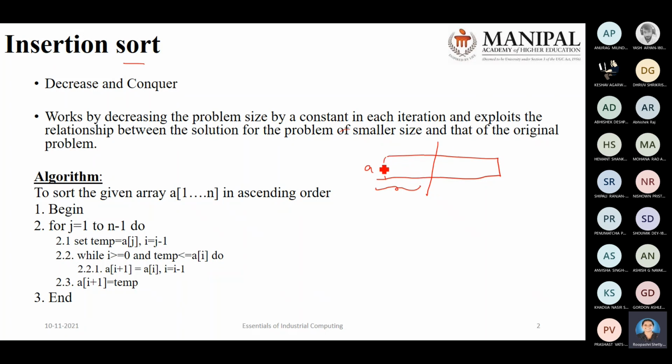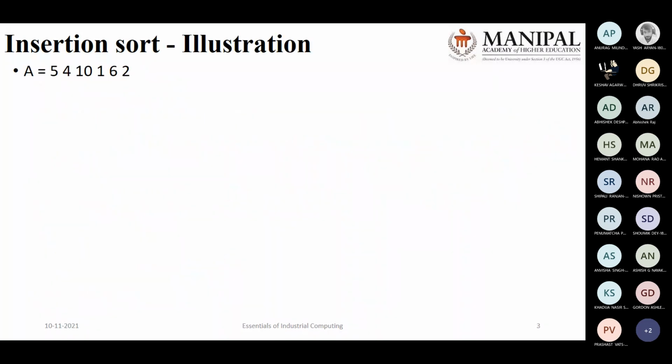It is not actually dividing. It is the entire array, some portion of it you take and sort, again some other portion you take and sort, and finally you combine them. The algorithm part I will discuss later. First you understand the problem, then let me explain the algorithm.